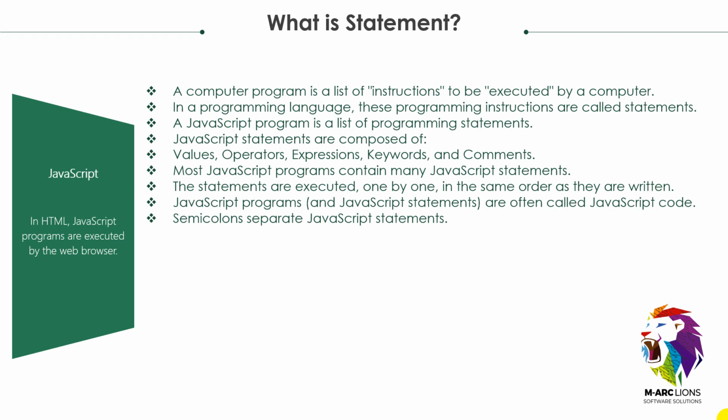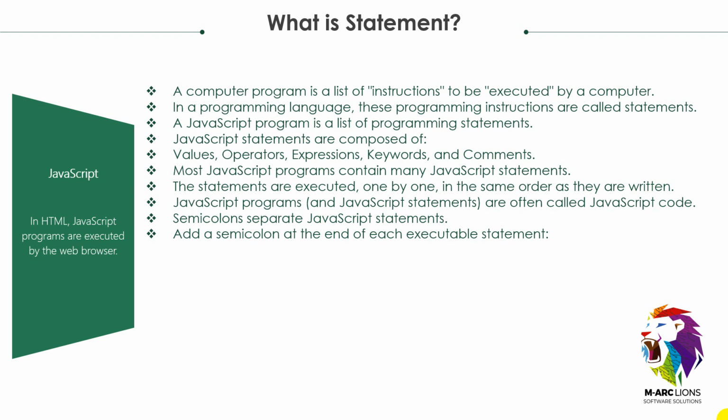Semicolons separate JavaScript statements. Every statement has a semicolon written at the end of each line, which says that the statement is completed. Add a semicolon at the end of each executable statement. Every statement should have a semicolon. You can find some statements which do not have a semicolon, and you can find those examples on the internet as well.